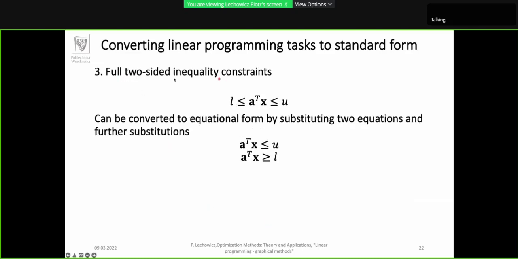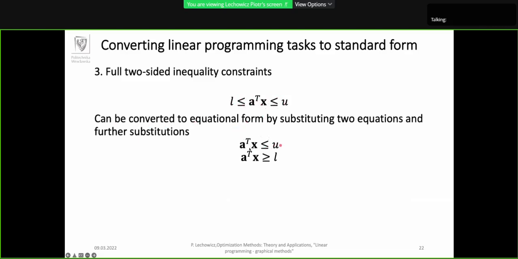Another example: we have a two-sided inequality constraint. So our constraint is greater or equal to the lower bound, and it's lower or equal to the upper bound. We can convert it to two inequalities.